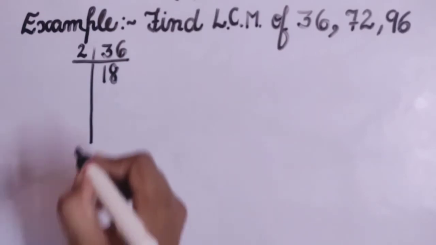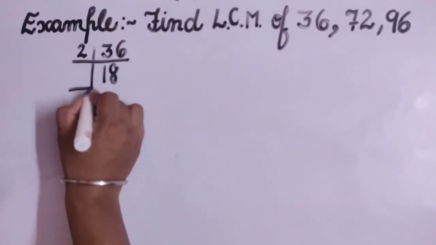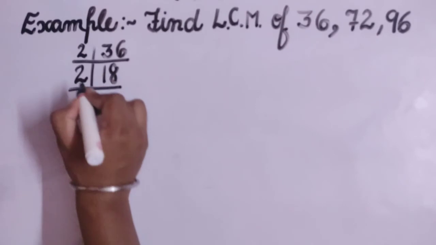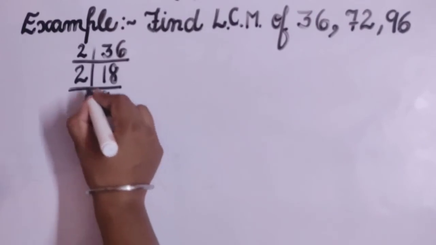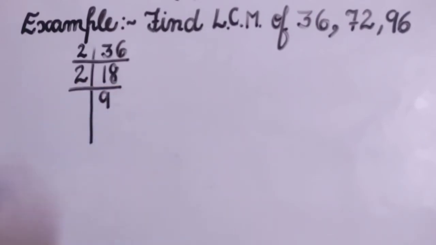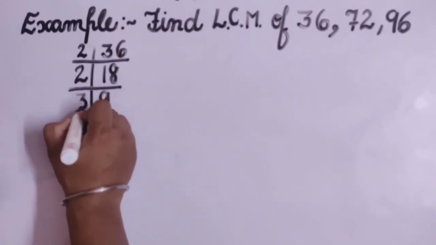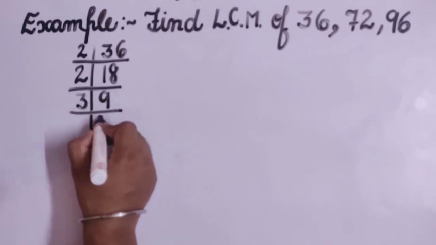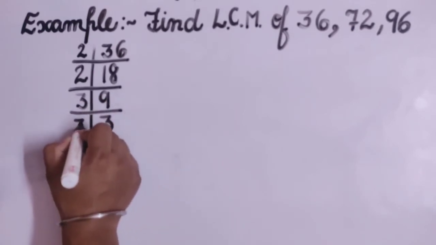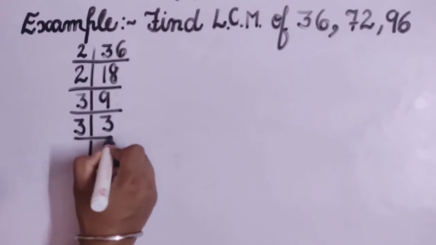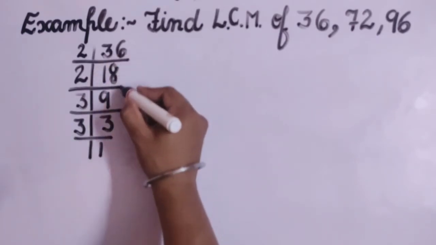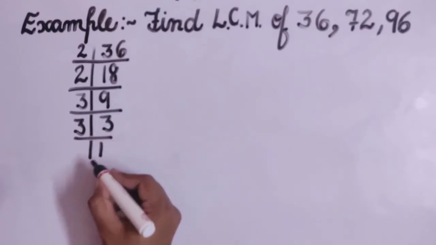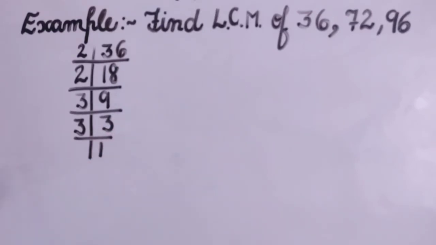Now once again try to divide 18 with the smallest prime number, that is 2. 2 9s are 18. Now we knew, students, that 9 cannot be divided by the smallest prime number. So let's try to divide with 3. 3 3s are 9. And at last 3 1s are 3. I told you, students, we will continue this process till the time 1 will not come at last.